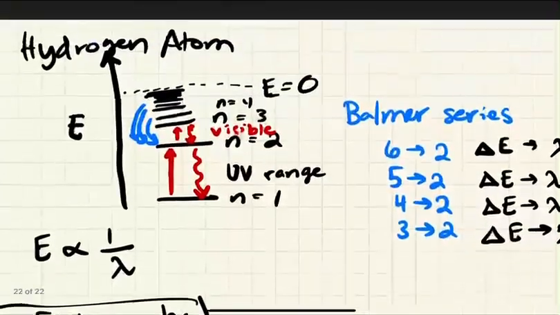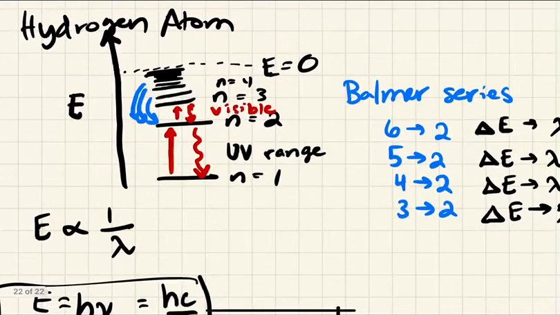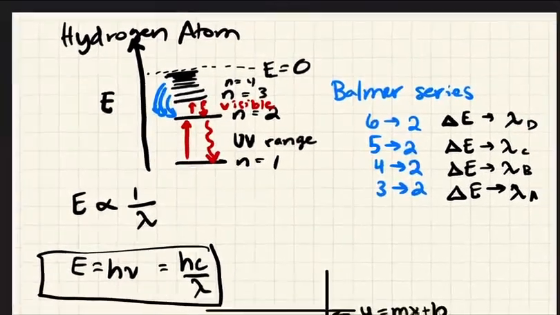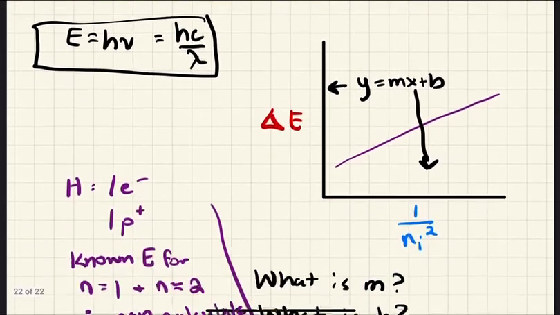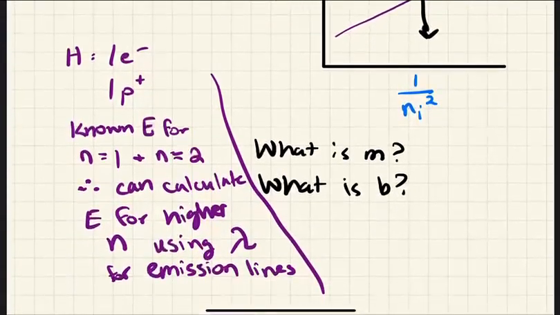So we use this type of model to think about energy transitions between different energy levels in atoms. And we're going to use the hydrogen atom for our calculations, and that is because the hydrogen atom is the most simple for us. So hydrogen has just one electron and just one proton, and so the interactions involved lead to much more simple calculations.